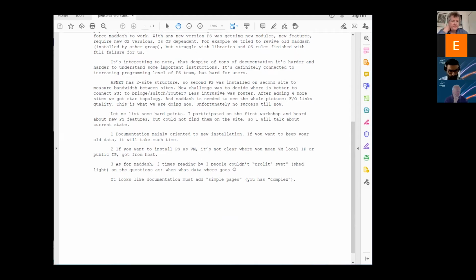I tried to find in the perfSONAR documentation the name like EFI BIOS, because some of our perfSONARs are built on hardware with this BIOS, and to have a correct installation, you need to do some tuning for perfSONAR, and I didn't find this in the documentation.